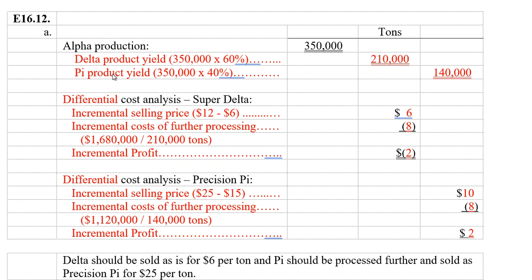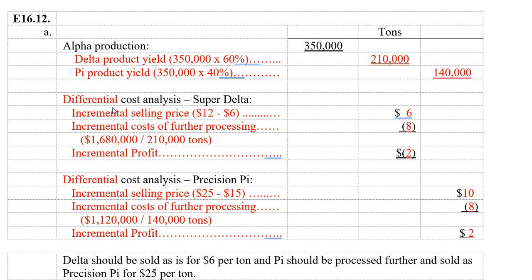So to make that decision, they come up with this terminology in the chapter, and I want to talk about it a little bit. They talk about a differential cost analysis. And guys, don't be intimidated by that word. Differentiation simply means to differentiate between two things.